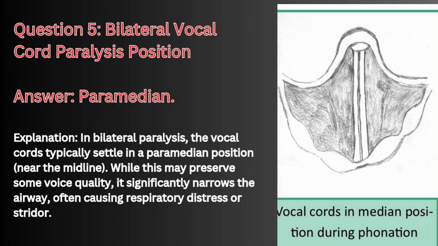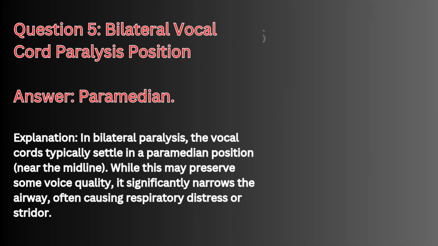If there is unilateral damage, the patient can have hoarseness of voice which may go unnoticed, but if there is bilateral involvement, then the patient can have respiratory distress and needs tracheostomy before he is shifted out of the operation theatre.